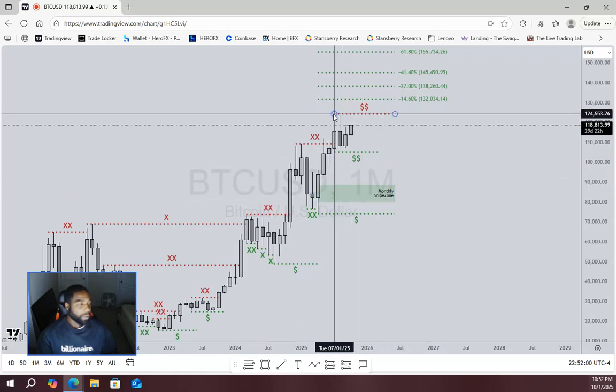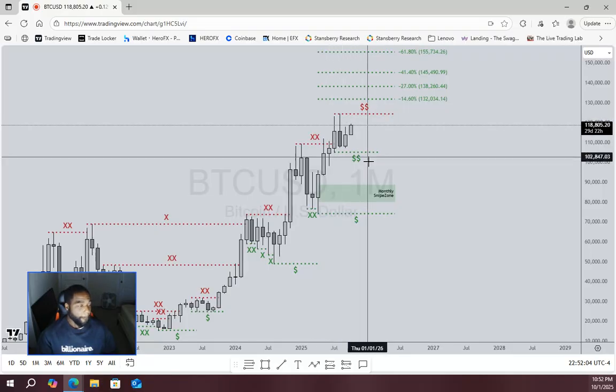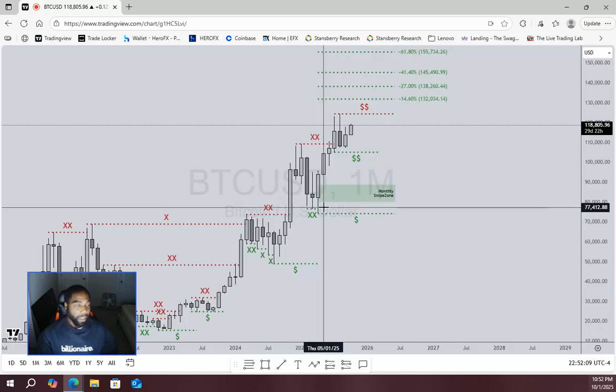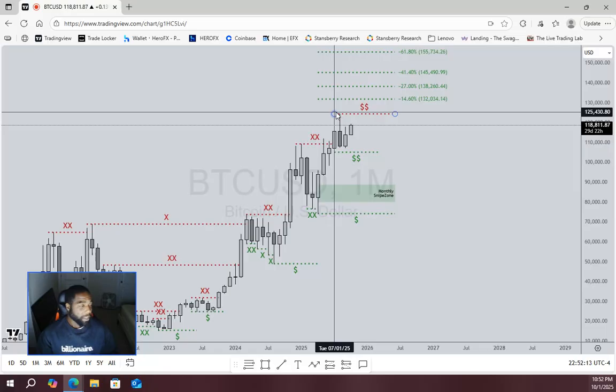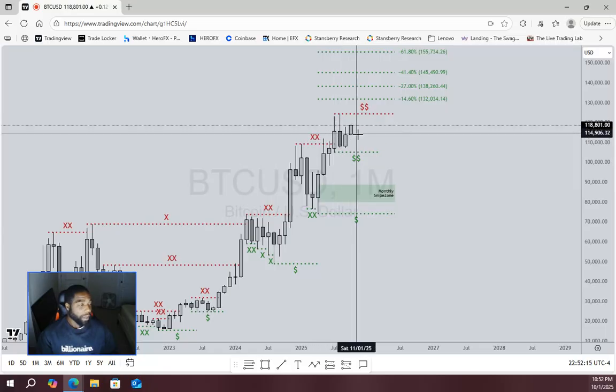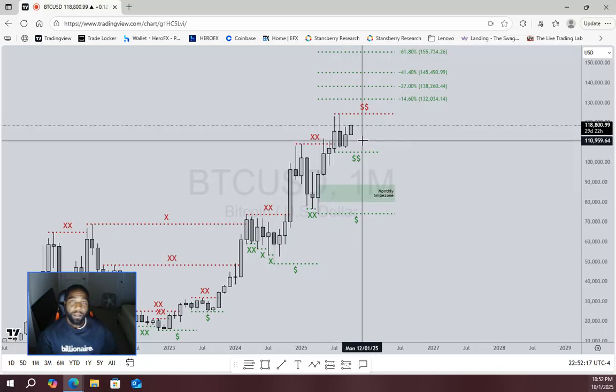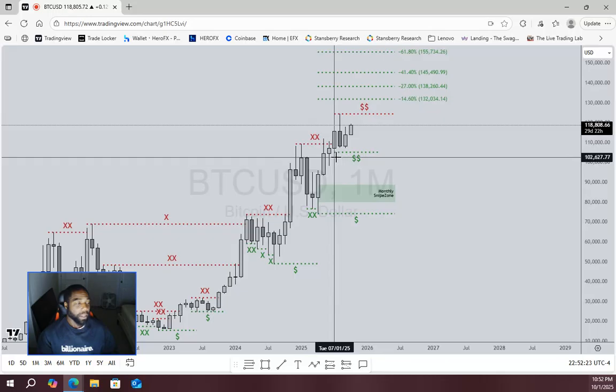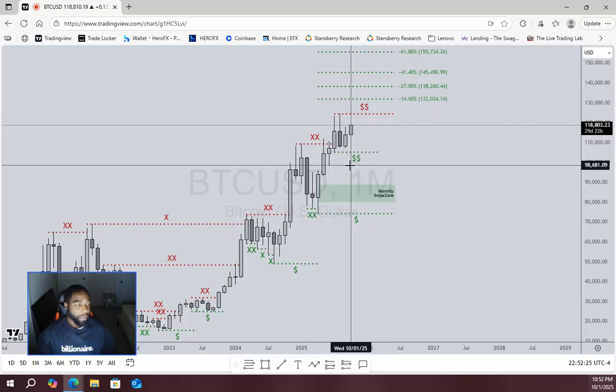Since this swing to swing, price has created these equal highs here and these equal lows here. So reading price action, we got this bullish expansion followed by this ranging corrective price action where price has established equal highs and equal lows.